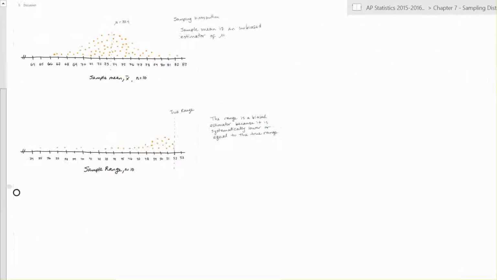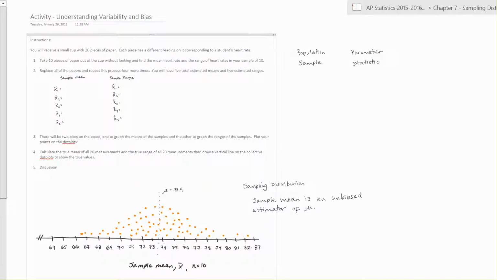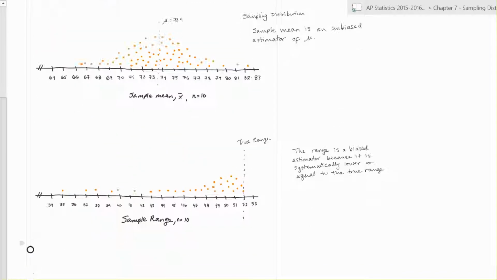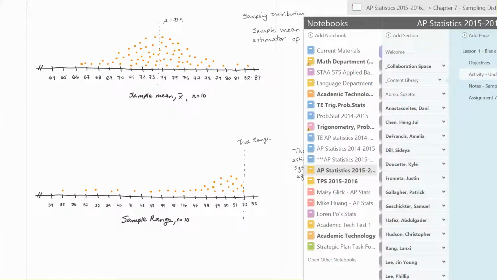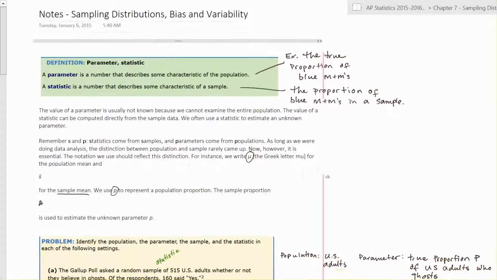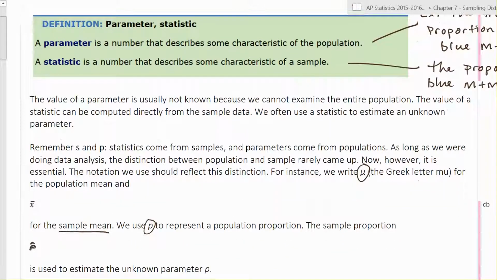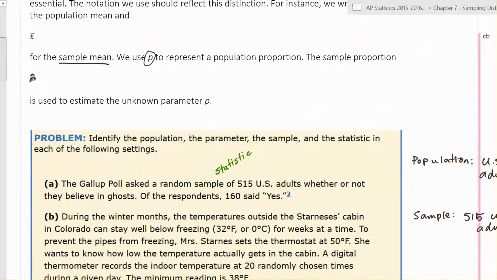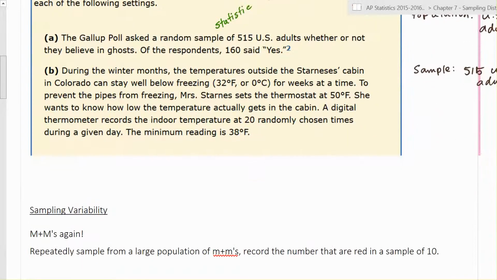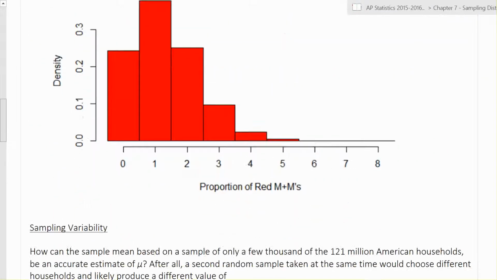So at this point, you should understand what variability and bias mean. To illustrate those ideas, take a look at the notes that I've put together that summarize what we're going to be doing in Chapter 7. Chapter 7 is all about sampling distributions and how we use sample data to estimate something about a population.